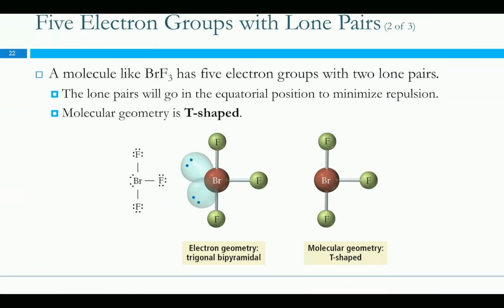But if I put them both in equatorial positions, now each of these only has 2 90-degree lone pair bonding pair interactions, and the lone pair is 120 degrees. So it ends up being a bit of a compromise. We still have the lone pairs closer together than they really have to be, because they could be 180. But we strike a balance between that and the bonding pair lone pair interactions.